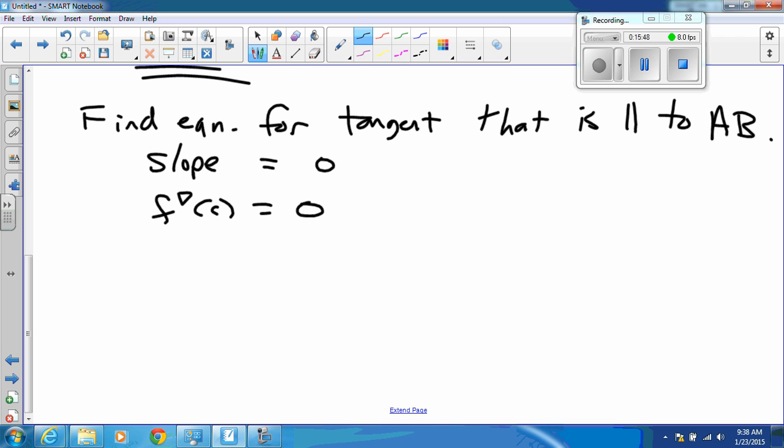So I'm going to begin with this equation right here. And this equation expresses, this is the way the cool mathematicians say that the tangent line is parallel to the secant line, because the tangent line slope, f prime of c, is equal to the secant line slope, which in this problem is 0. Keep going with that thought.